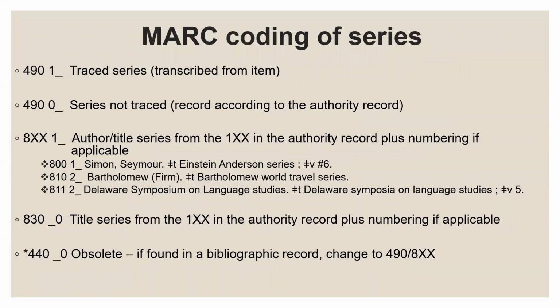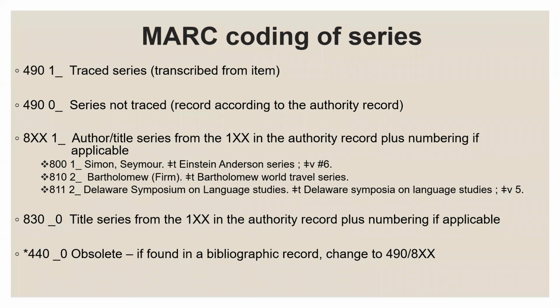This is just a slide about the MARC coding of series. Like I said before, the 490 with first indicator 1 is called a trace series, and that is transcribed directly from the item.